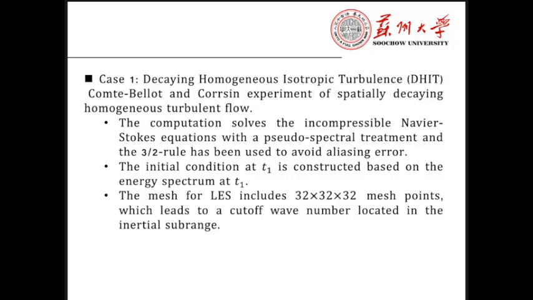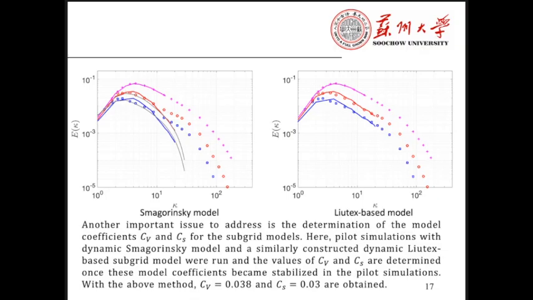The mesh for LES includes 32 to the third power mesh points, which leads to a cutoff wave number located in the inertial subrange. Shown in the figure is the energy spectrum.